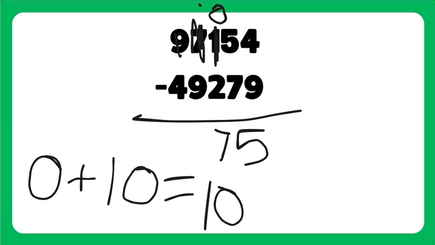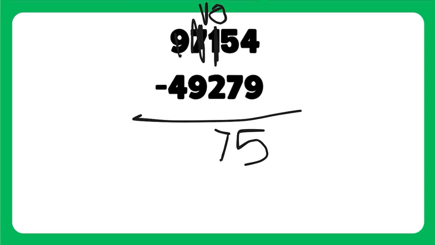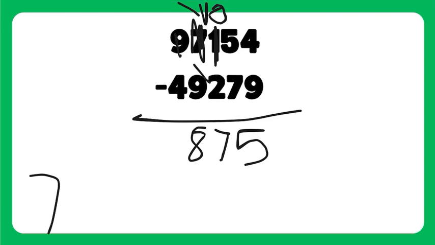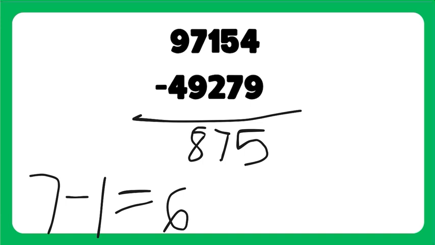So I'll put the 1 over here. So we now have a 10 here and a 2 here. 10 minus 2 is equal to 8. And because 7 gave us some power, 7 will be changed by subtracting 1 to 6. So now we can cross this all out, and the 7 became a 6.